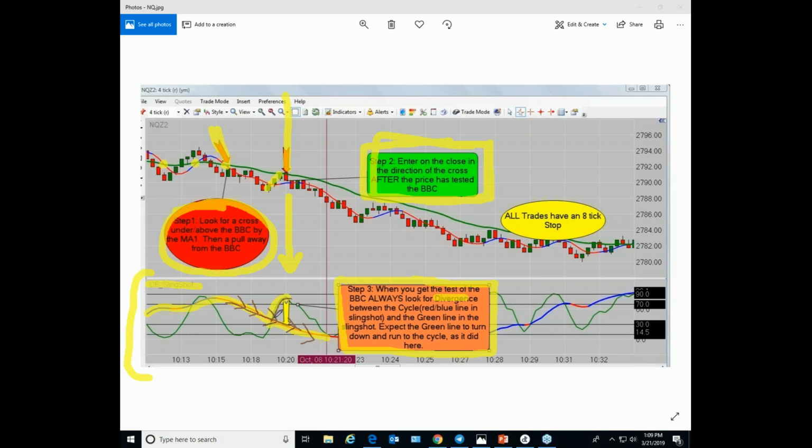Why? Because the cycle is red. We got a bearish cross up here, so we got some bearish momentum. This price action in step number 2, with the green line pulling away, is suggesting this might be just a pullback in this ongoing downtrend.